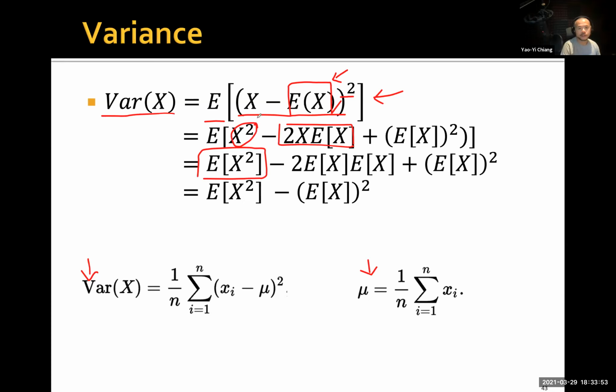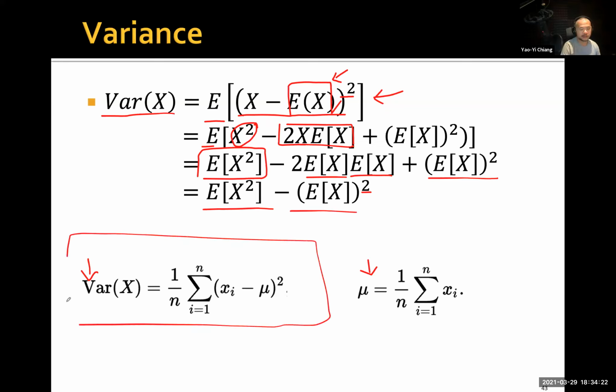If you take this out, the expectation of x is the expectation of x. And here's the same, right? So now you have the expectation of x squared minus the expectation of x, squared, because the variance is written like this. And this is the expectation, or the mean, of x.